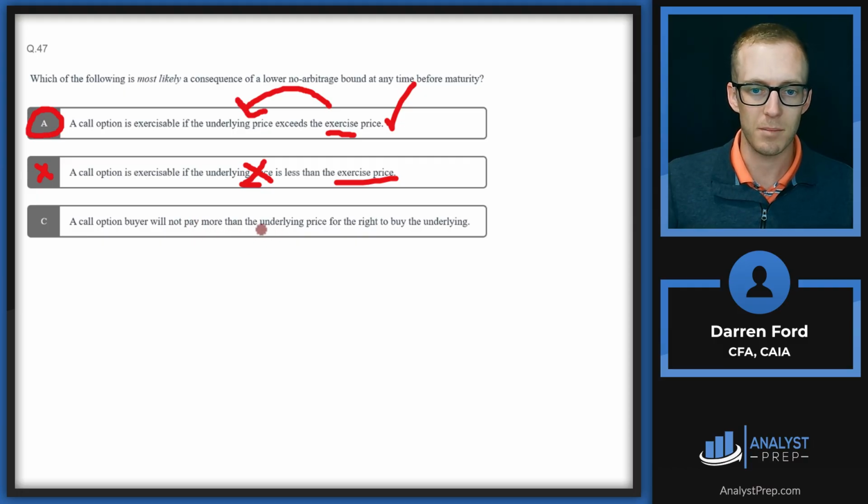Bonds can be priced on all different types of strikes and exercises, and you may buy a call option that is higher than the underlying price for the right to buy that underlying, with the expectation that the option will go up. And anyway, we can rule that one out, and we'll go with A.